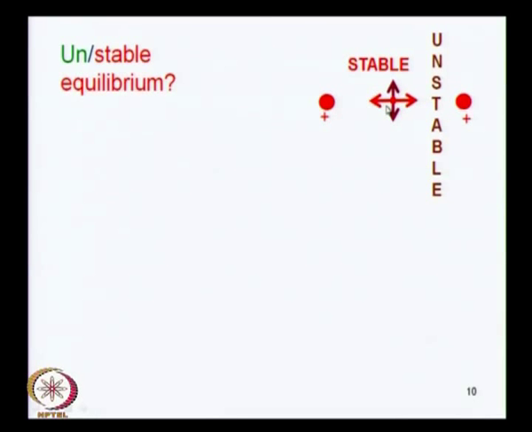So, this kind of displacement will tend to bring the charge back to its original point all the time. So, that will make it a point of stable equilibrium. So, the original point itself is certainly an equilibrium, but whether it is an unstable equilibrium or stable equilibrium depends on the direction in which the test charge is dislodged.